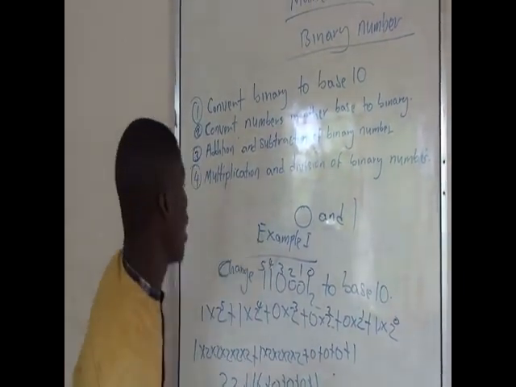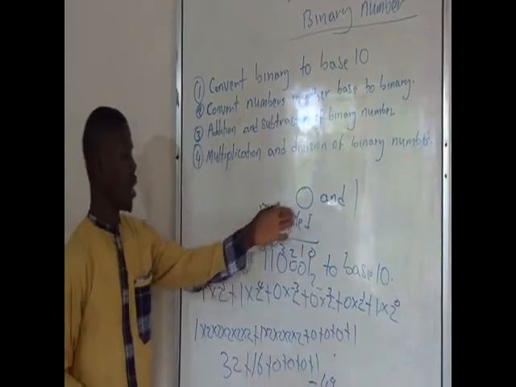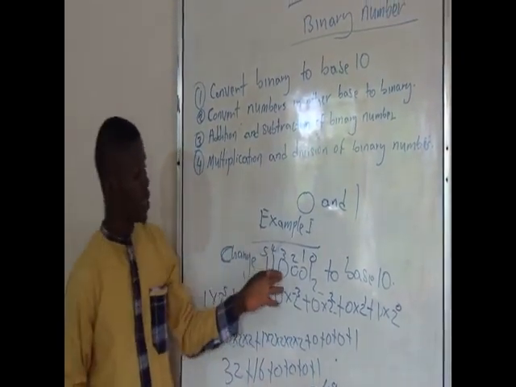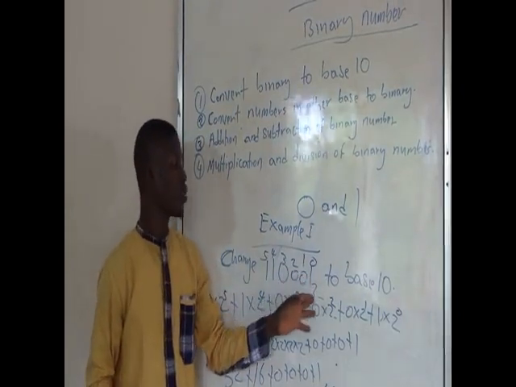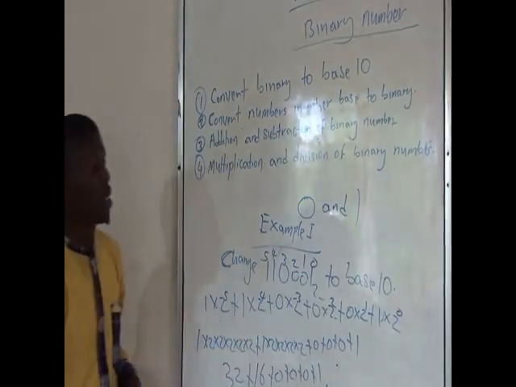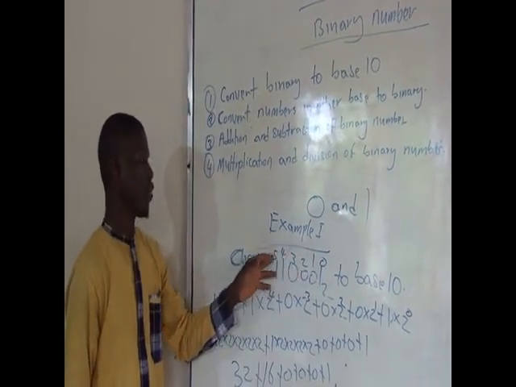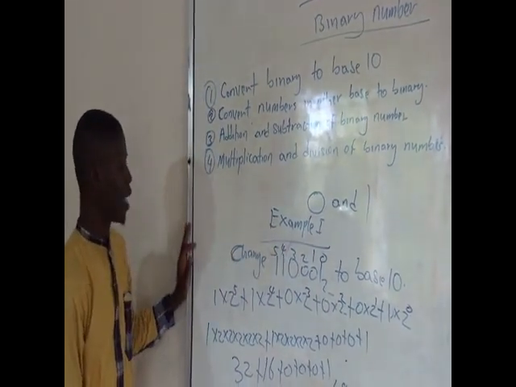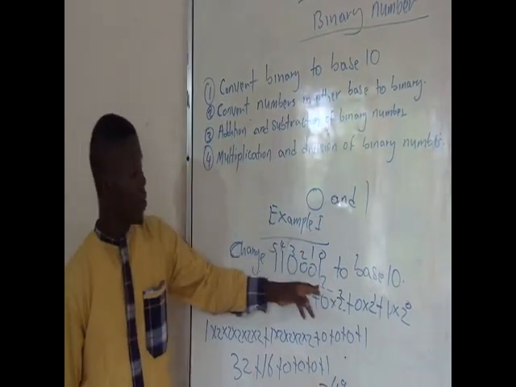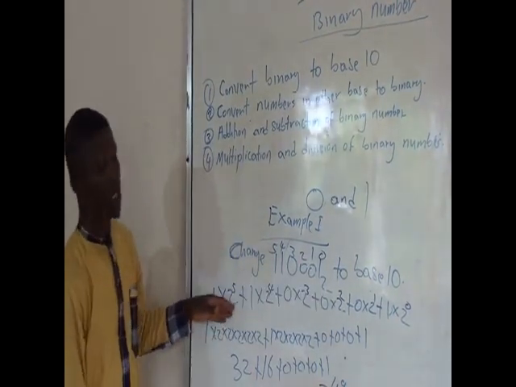Let me explain again. Example 1: we have changed 110001 base 2 to base 10. The first thing you need to do is assign the powers 0, 1, 2, 3, 4, and 5. Then we expand each digit times the base, and that's how we get this.